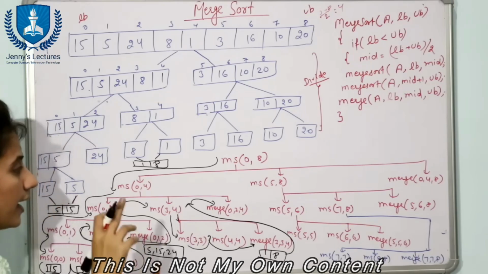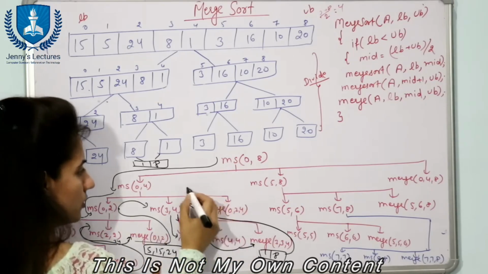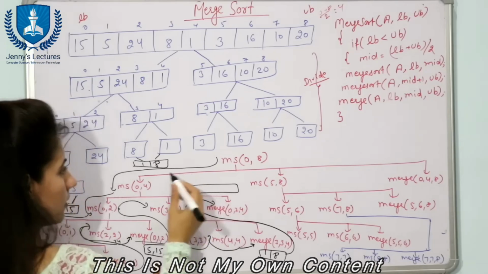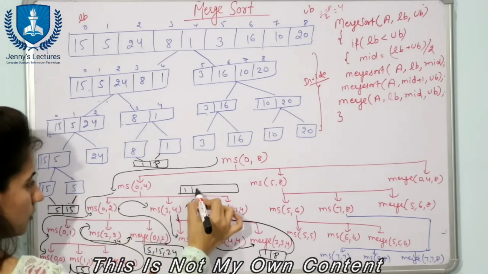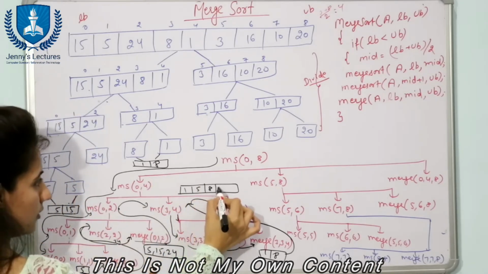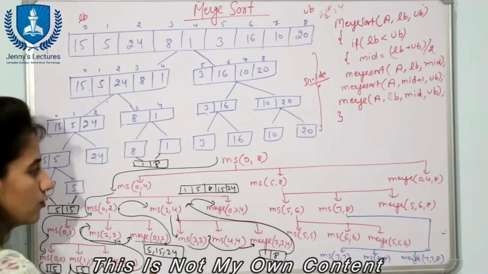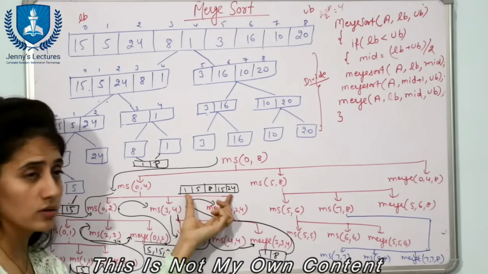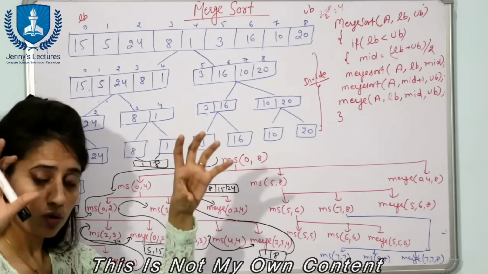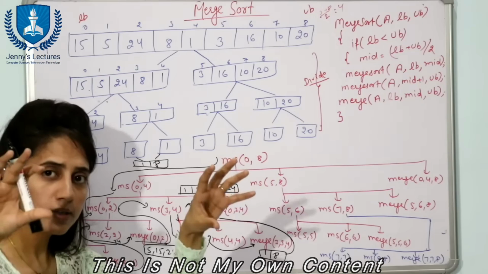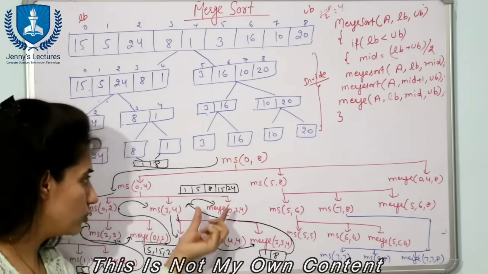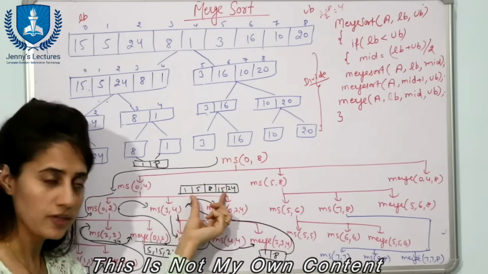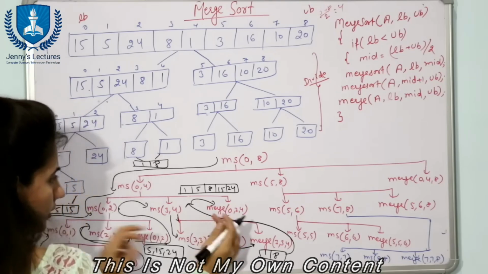And after merging of these two, now the list would be 1, 5, 8, 15 and 24. At this step you are going to find this result, because when you are merging two sorted sublists, the result would also be a sorted list. Fine. Now this one is done.